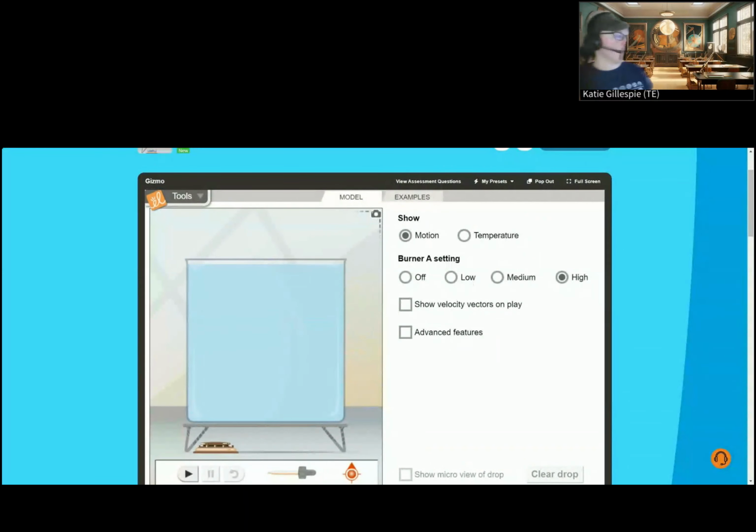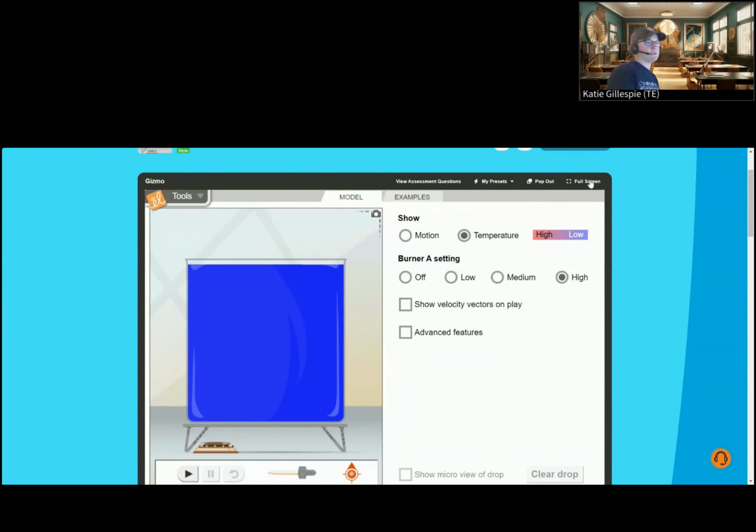Observe number 2. Click clear drop, show temperature. This one is what you need to pay attention to because these answers are graded. You can see blue is cold, obviously, and red will be hot.